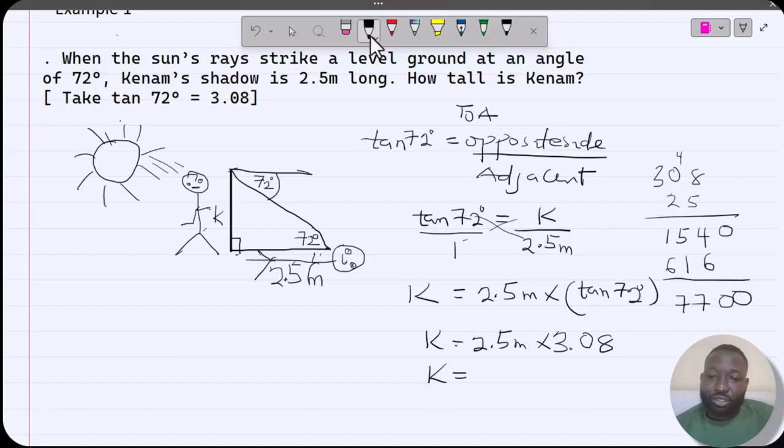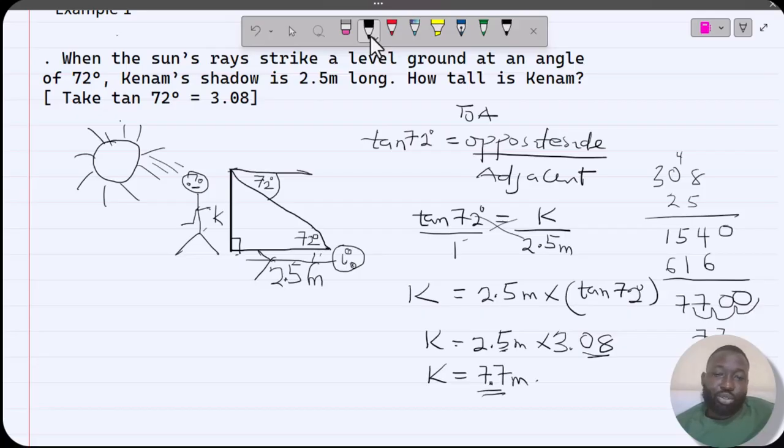And then now, how many decimal places do we have here? For this one, we had 2 decimal places, and for this one, we had 1. So now we have 3 decimal places. Since we took them off, we are bringing them back: 1, 2, and then 3. So our final answer will be 7.7 meters. You come and put your 7.7 meters here.